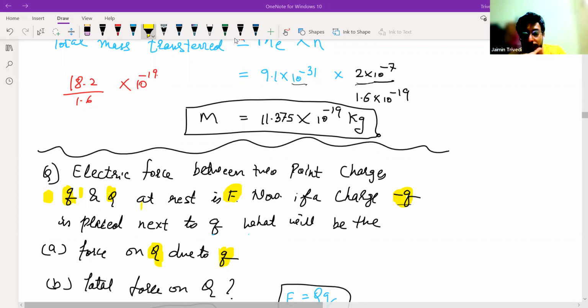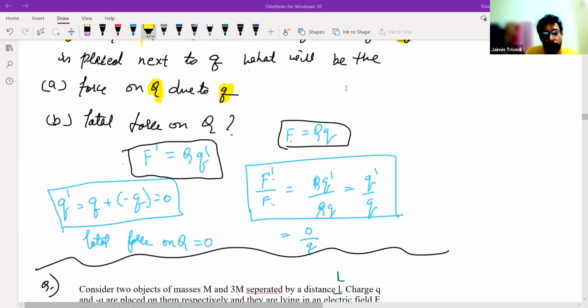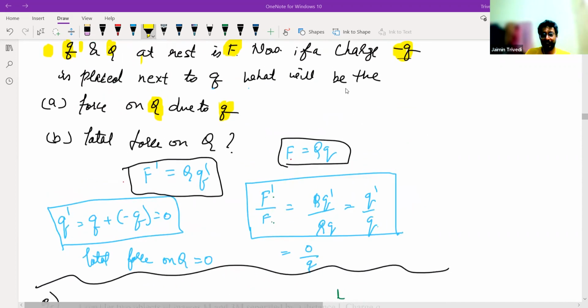Any other answer? I'm waiting for some others also. Ranamir, okay. What do you think? So yes, your answer is correct. So charge will be unchanged, will be the same, and total force on Q will be 0.